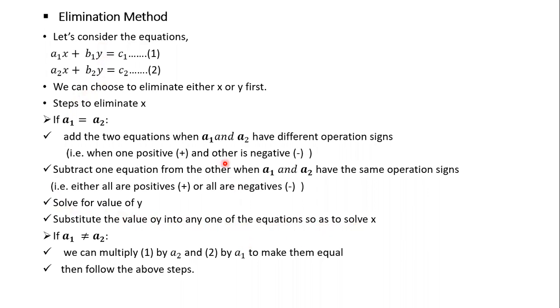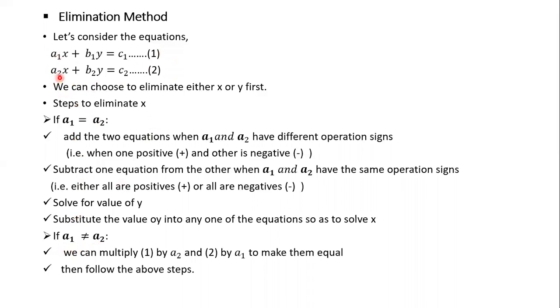That's the first condition. Now the first condition is if a1 equals a2. Now what about if a1 is not equal to a2? What should we do? We want to remove x, but a1 is not equal to a2. Now when a1 is not equal to a2, we can first multiply equation 1 by a2.